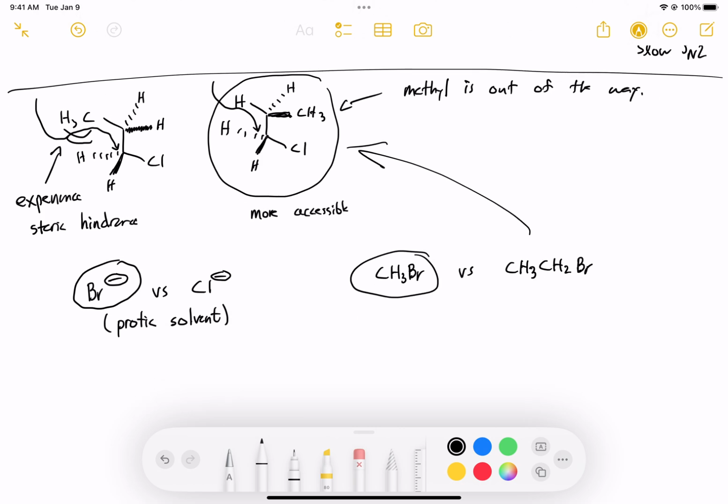So it's an unsubstituted carbon atom. So we have all hydrogens and just the leaving group, faster rate. Equals less steric hindrance.